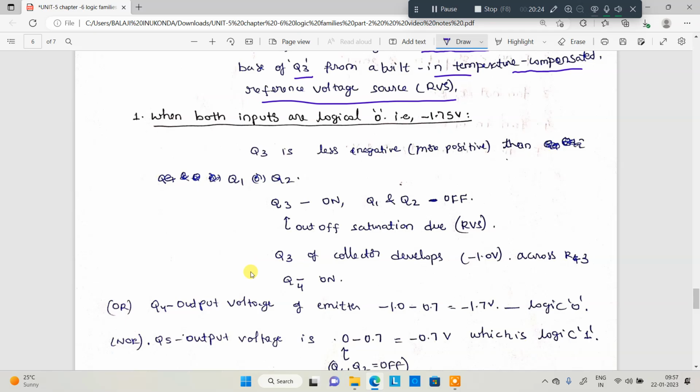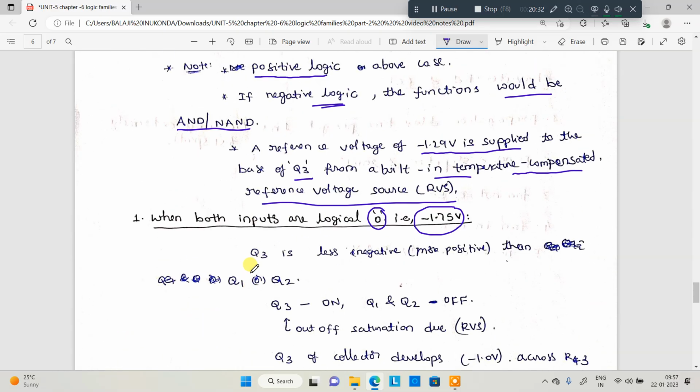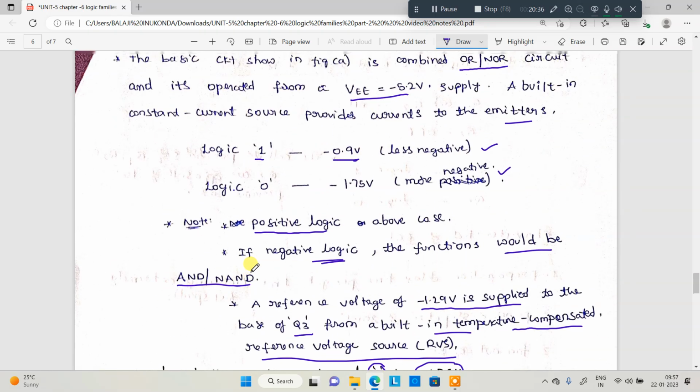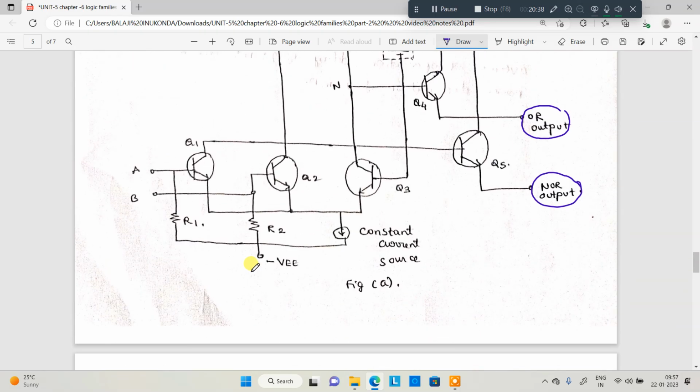When both the inputs are logic 0, that means logic 0 is minus 1.75, which is an assumed example value. In that particular case, what will happen? See here, both are 0. Whenever both are 0, Q3 is less negative; Q3 is less negative compared to Q1 and Q2.